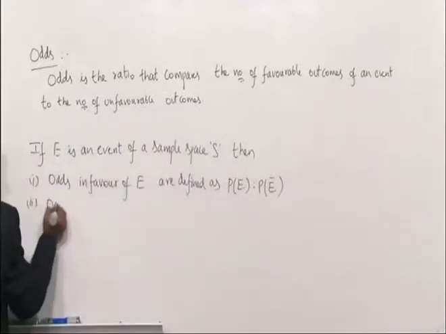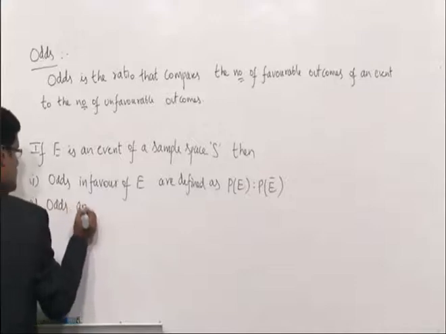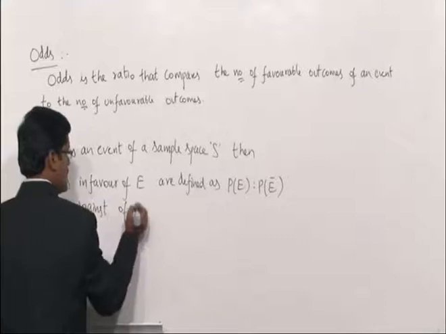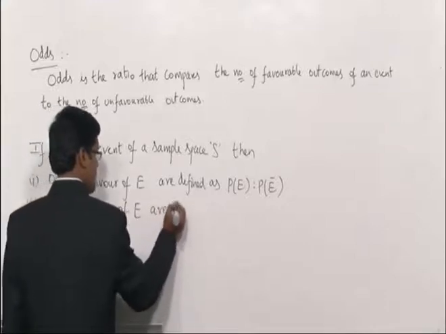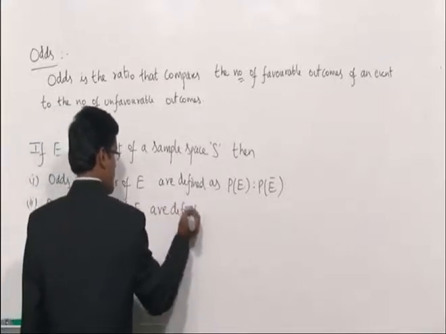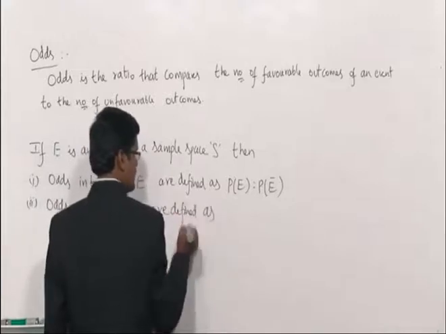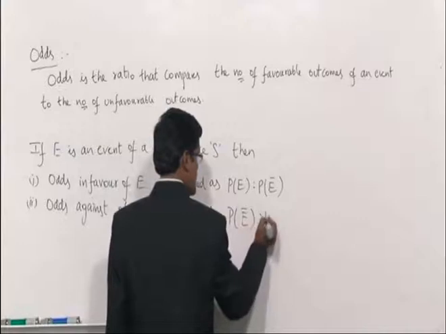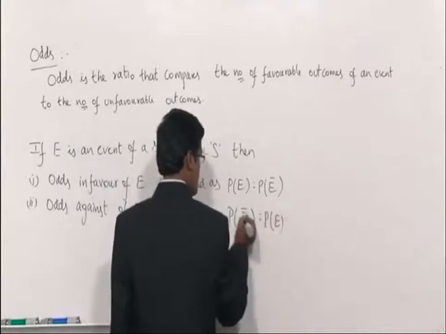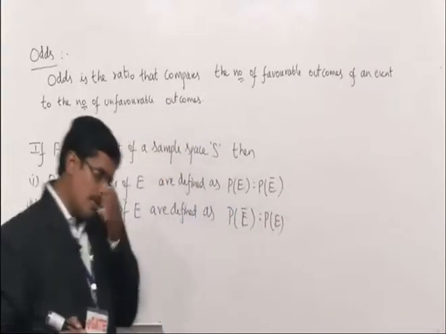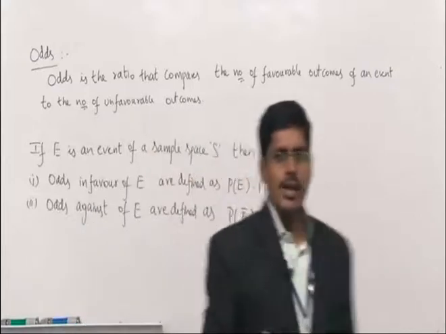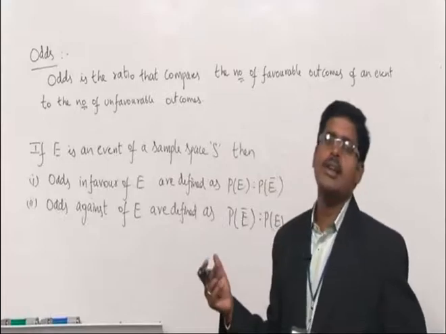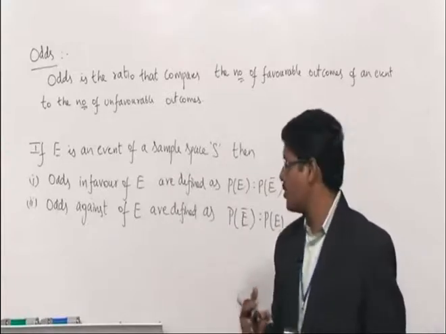Second one, odds against E are defined as P of E bar ratio P of E. So there are two types of odds, in favor and against. Odds in favor of E are defined as P of E ratio P of E bar. Odds against E are defined as P of E bar ratio P of E.